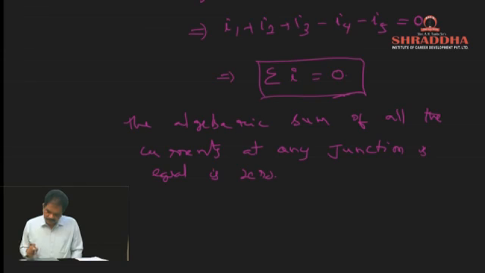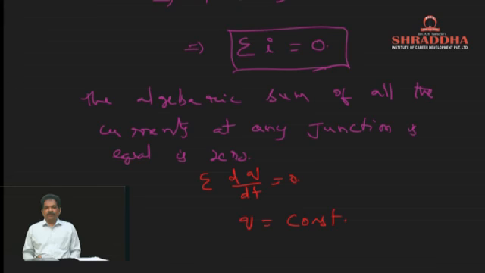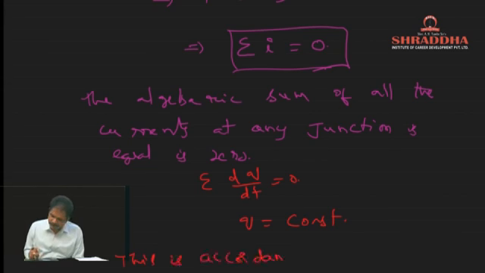From this we can write, sigma I is equal to 0 means dq by dt is equal to 0. Anything's differentiation is 0 means that thing will be a constant. So therefore q is equal to constant. So this is in accordance with the law of conservation of charge.